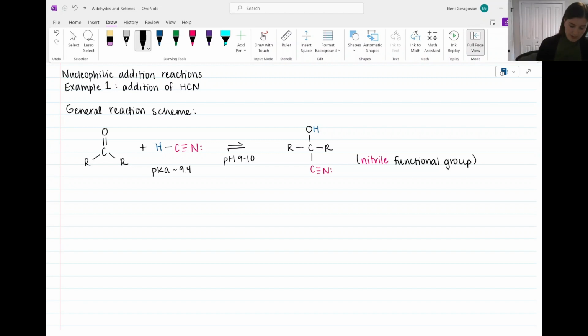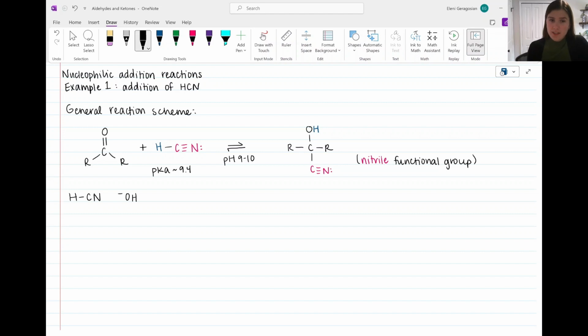So we can write out this equilibrium equation. We have hydrogen cyanide, and we know this is an acid, has a pKa of 9.4, so it will exist in equilibrium in its associated and dissociated forms. We can write out the equilibrium equation by showing the hydroxide anion.